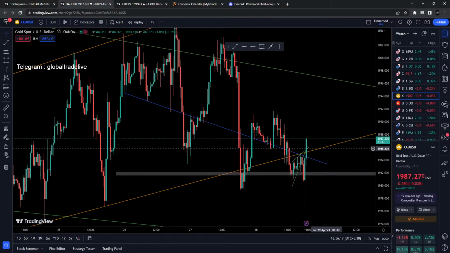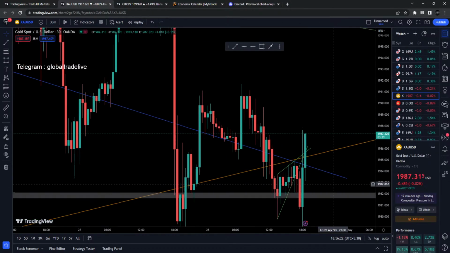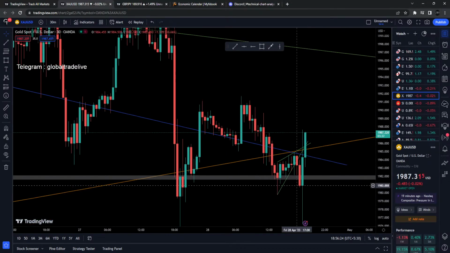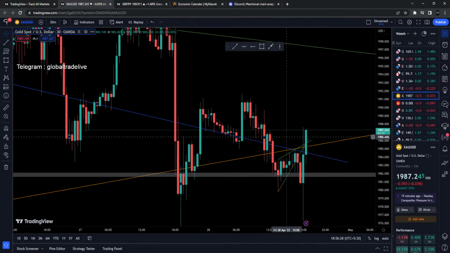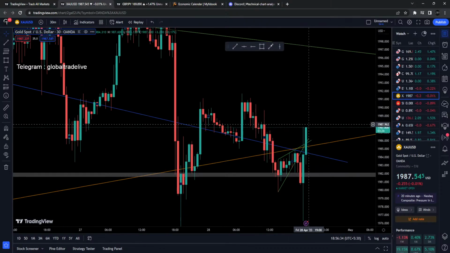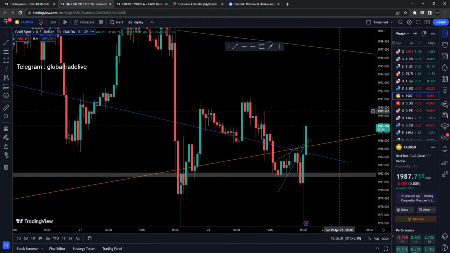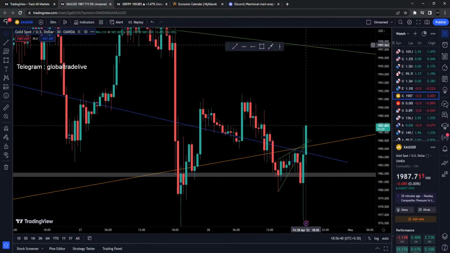Like if we talk about gold over here, then according to me, the move has already been done from here to here. So now if I am looking for a buy trade, I'm looking for a retracement or a bearish candle to form, and then I'm taking a buy trade. Otherwise, if this candle would have just gone in one single candle to this level over here, I really don't have any problem.